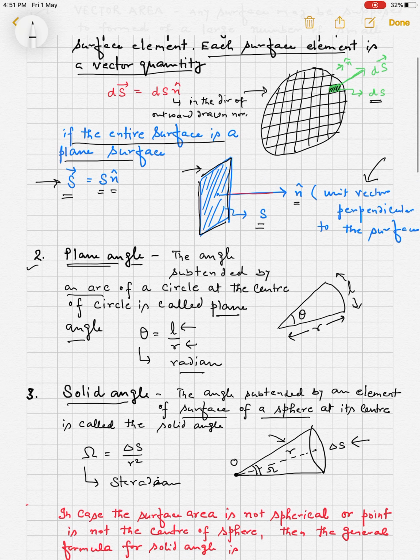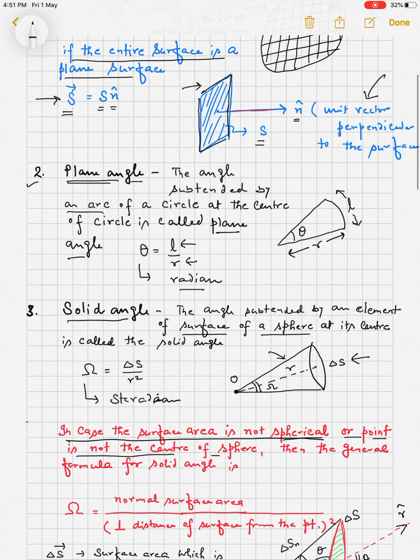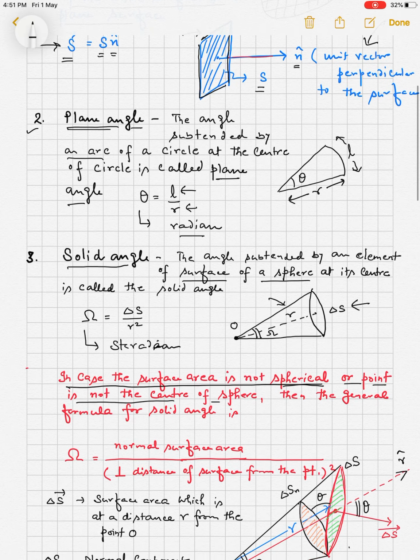In case the surface area is not spherical, or the point is not the center of the sphere, then the general formula for the solid angle is given by omega equal to the normal surface area upon the perpendicular distance of the surface from the point, squared.